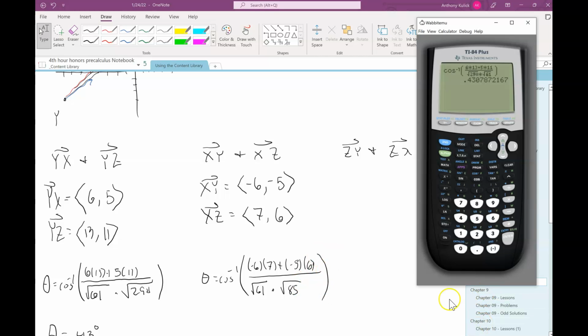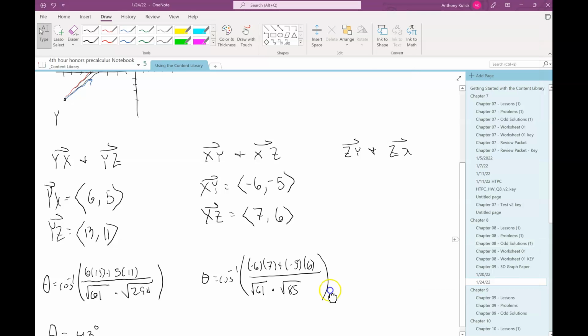Let's see what we get there. So 179.20. I was right.